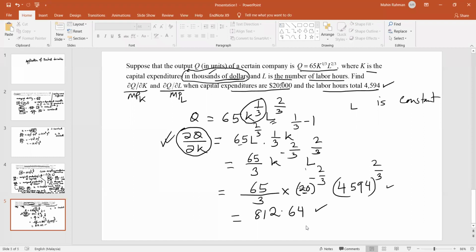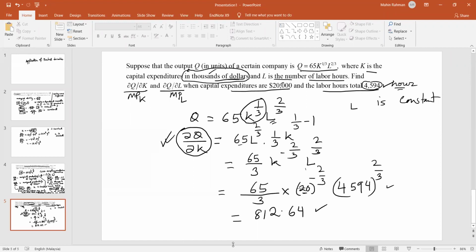How about the labor hour? This one is stated already as the number of labor hours. So the total number of labor hours is this one already, 4,594 hours. So you do not need to convert it.